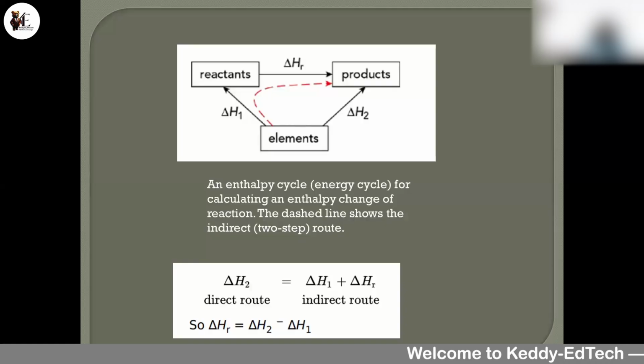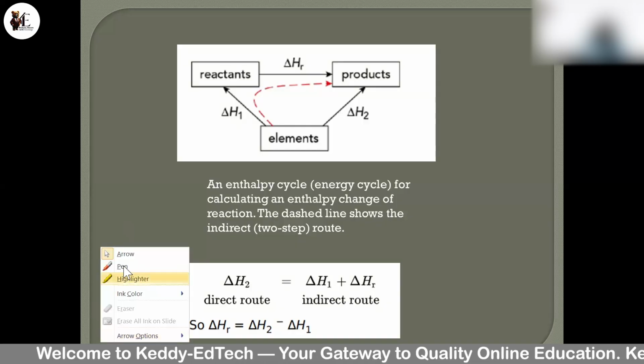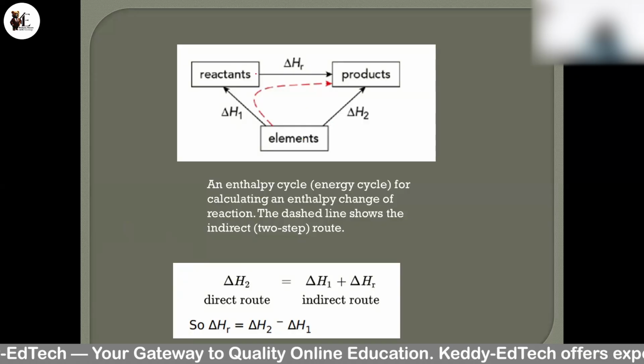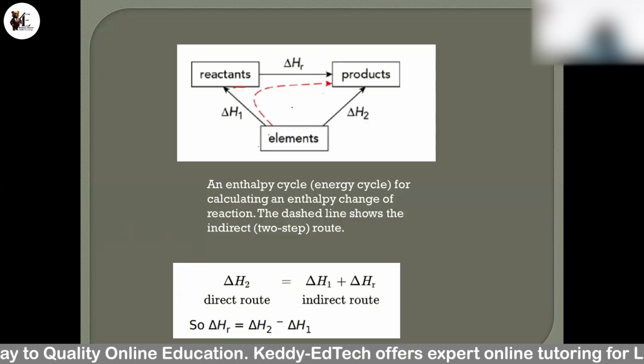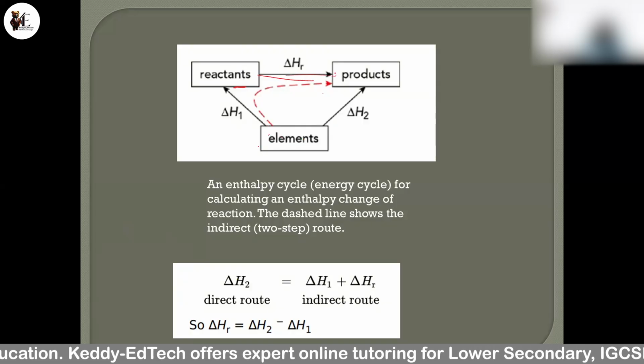So there you can see the enthalpy cycle or energy cycle for calculating the enthalpy change of a reaction. This dashed line shows the indirect process or two-step process. The direct route: this is your elements, this is reactants and this is products. So the enthalpy change of a reaction is reactants to products.